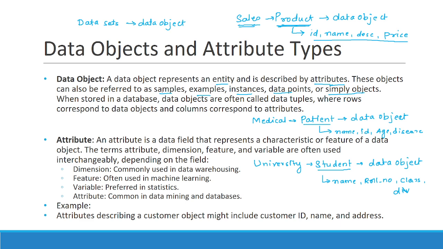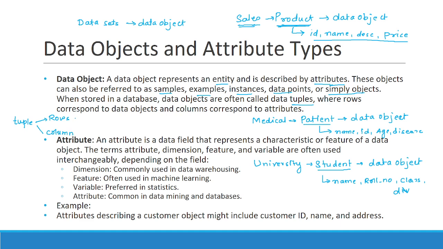When we store these data objects in a database, they are often called tuples. Getting it? When you store a data object in a database, we call it a tuple. So this tuple has rows and columns.